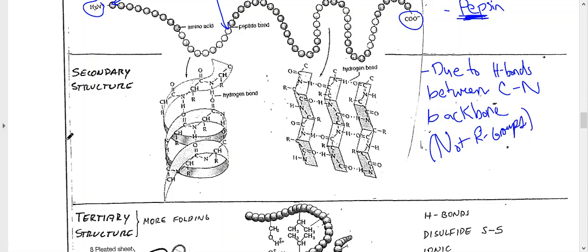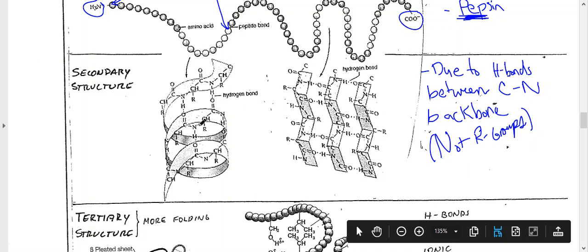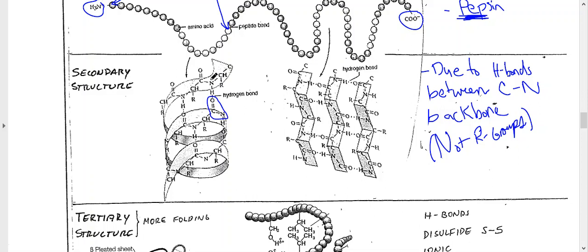So here's what I'm talking about. Here's a carboxyl group from one amino acid, right? Here's an amino group from a different amino acid somewhere else on that chain. The hydrogen from that amino acid's amino group is forming a hydrogen bond with the oxygen from some other amino acid's carboxyl group, right?